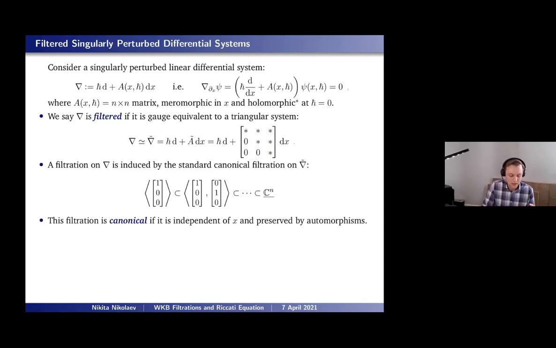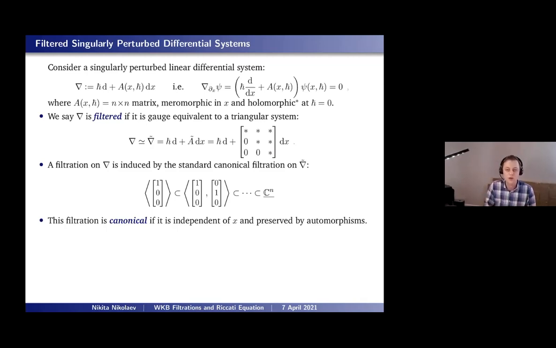Now, of course, there's a question of how invariant it is: I used this gauge transformation to construct the filtration, so how does the filtration depend on this gauge transformation? That's what I mean by a filtration being canonical or not. First of all, it should be independent of the coordinate x.